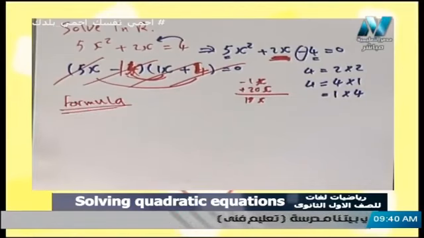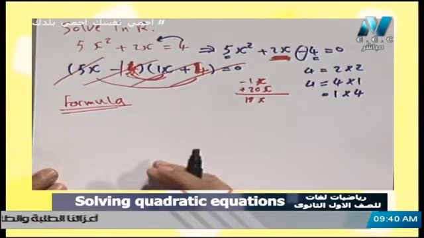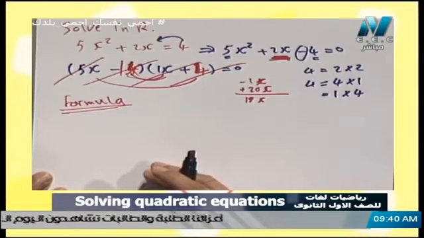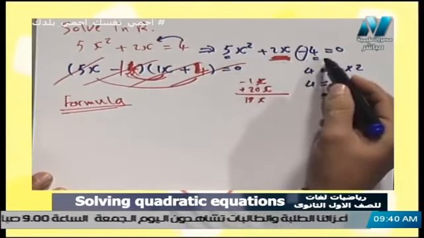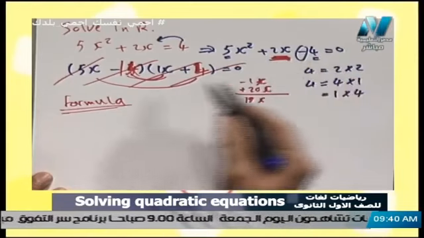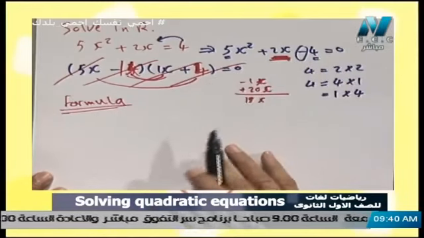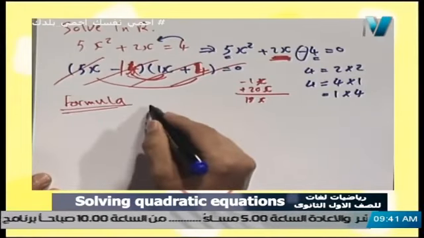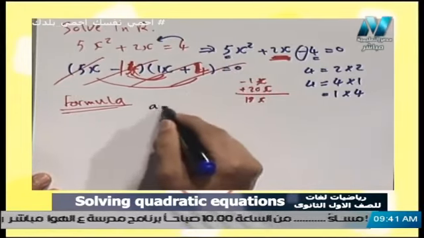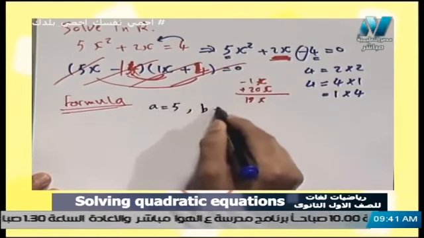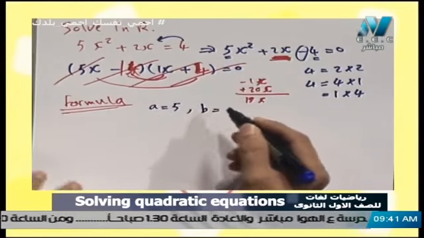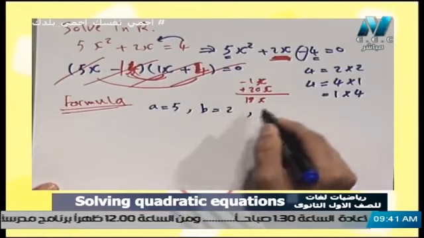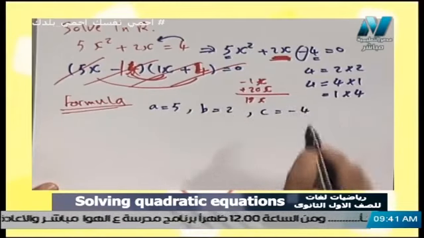So the formula is a very useful method to find the solution of this quadratic equation, because factorization here fails. We cannot factorize it. So we here have a equals 5, b equals 2, and c equals negative 4.